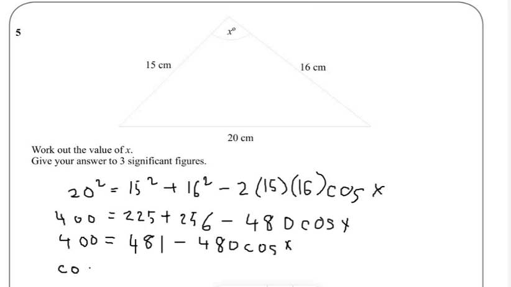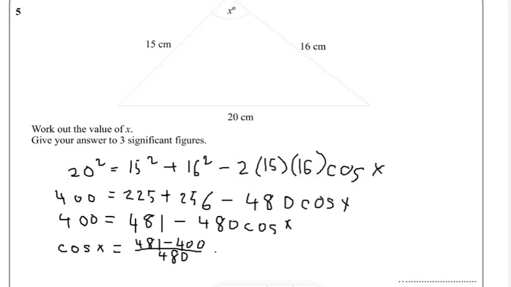So cos x will be 481 minus 400 divided by 480, and that is 0.16875.